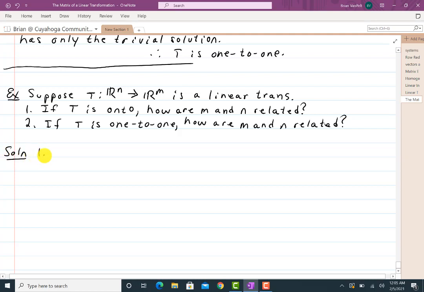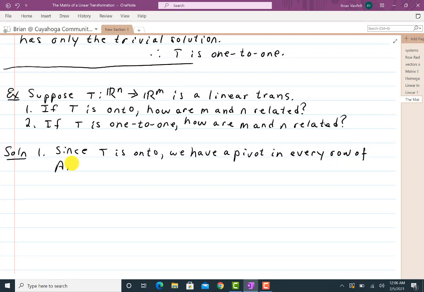All right, well, let's take a look at the situation where we have an onto. Since T is onto, we have a pivot in every row of A. So think about how these pivots work. A is m rows by n columns. We have to have a pivot in every row. When the pivots move, they've got to go down and to the right.